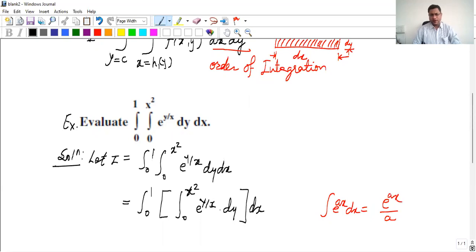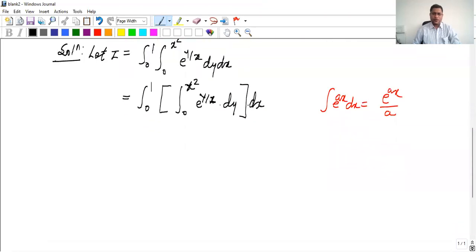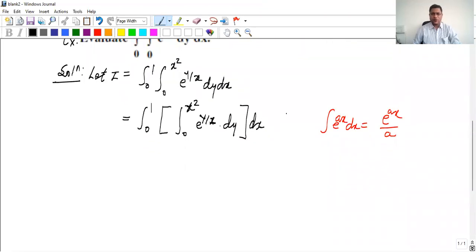So we have x as a constant. We have to integrate with respect to y, so let us try to integrate this. When we integrate, this is the integration 0 to 1. Now here we have e raised to y by x upon 1 by x, because the value of a here is 1 by x.